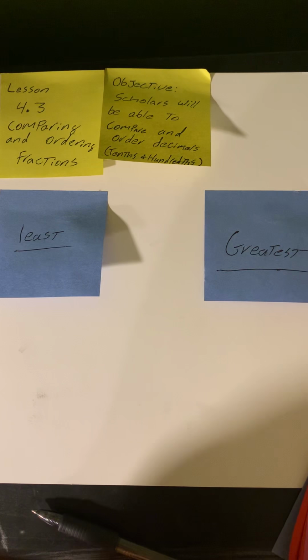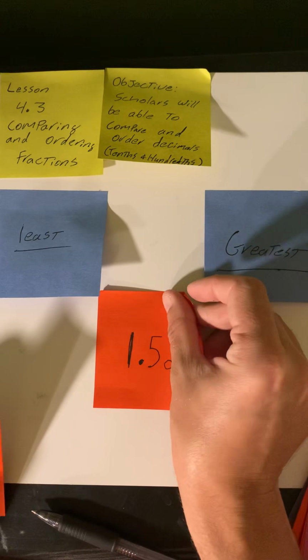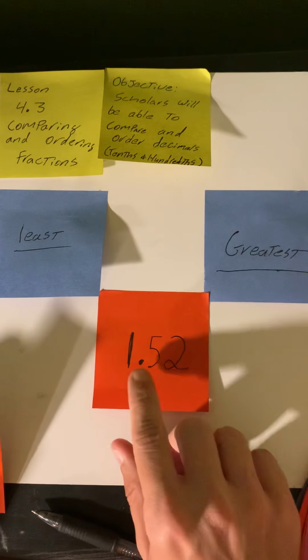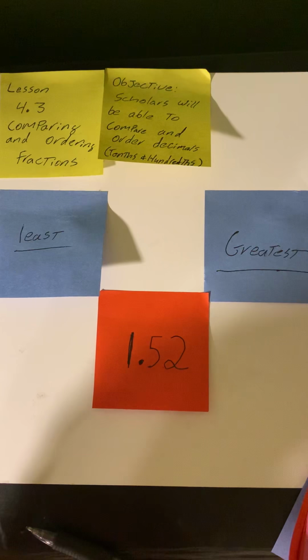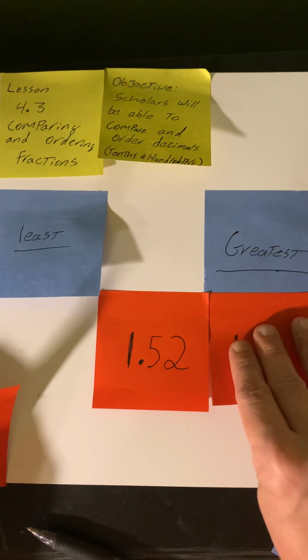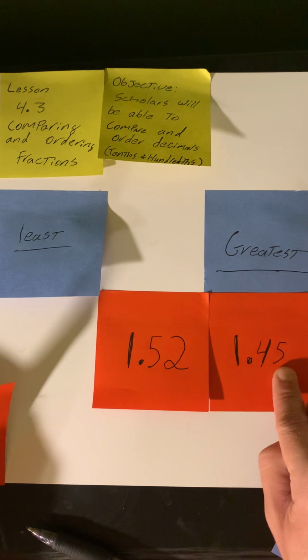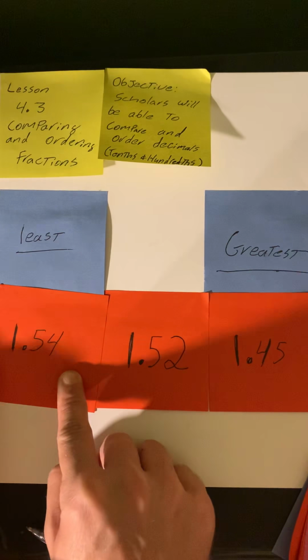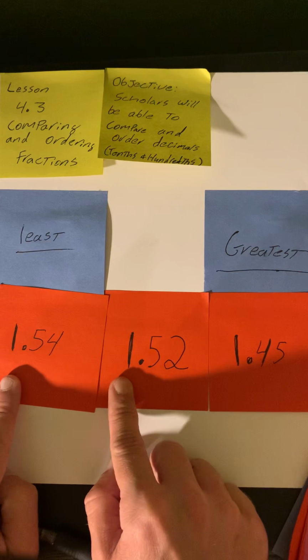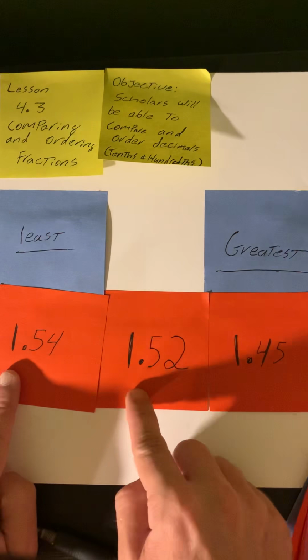I can pull them apart. I have 1 and 52 hundredths, 1 and 45 hundredths, 1 and 54 hundredths. So I start with my highest place value, which happens to be my ones category.